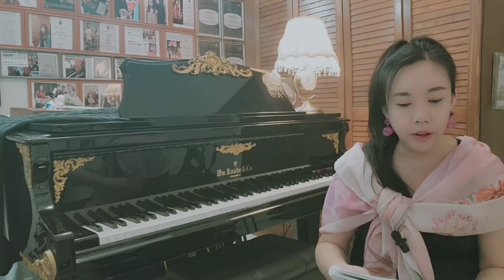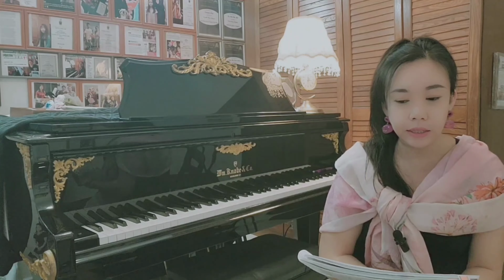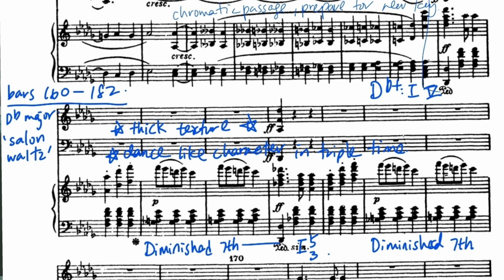If you look at my playlist, you should be able to find it. Moving forward to the next page, you can start to see that the texture starts to change into bar 160. The texture is getting thicker and is in homophonic texture.